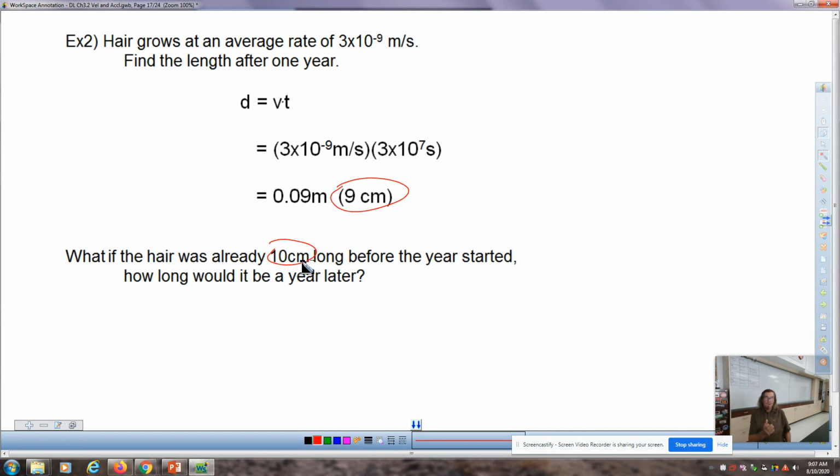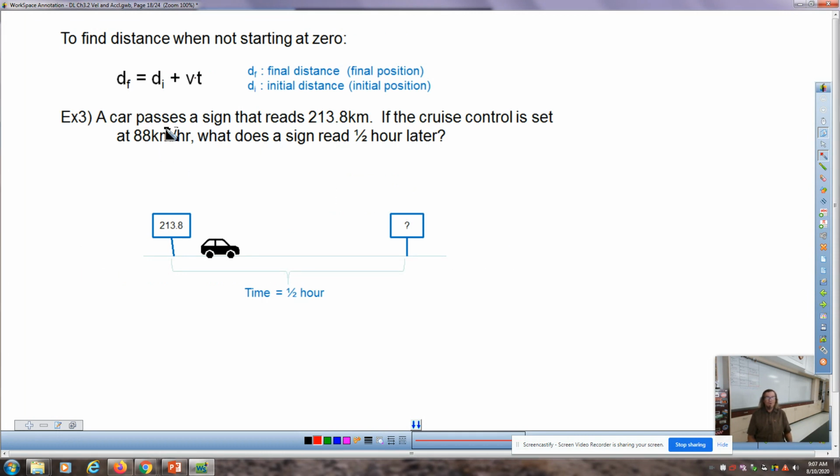When we talk about the car in the problem, in fact, I think that's what my next example is. A car passes a sign that reads 213.8 kilometers. They've got the cruise control set at 88. What would a sign read a half hour later? We know that in that half hour, they've traveled some distance, and we can find the distance you travel in a half hour by just taking distance equals velocity times time.